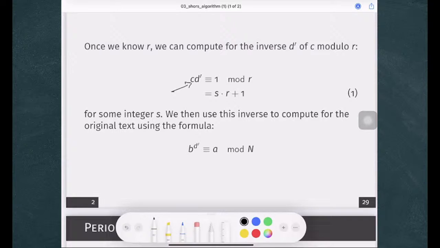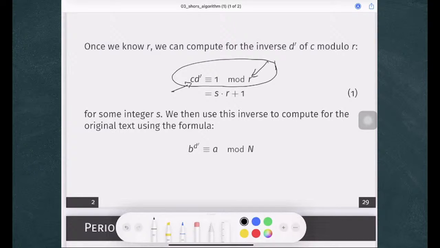Given R, which is the one that you discover, what you can do is solve this equation for D. By definition, C D prime is equal to 1 modulo R.